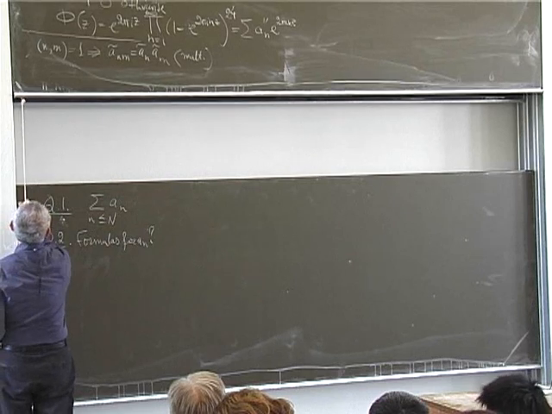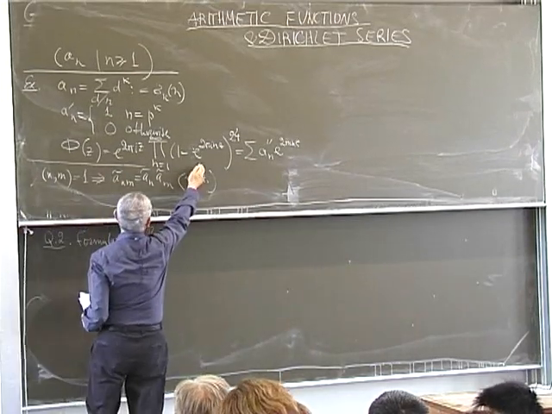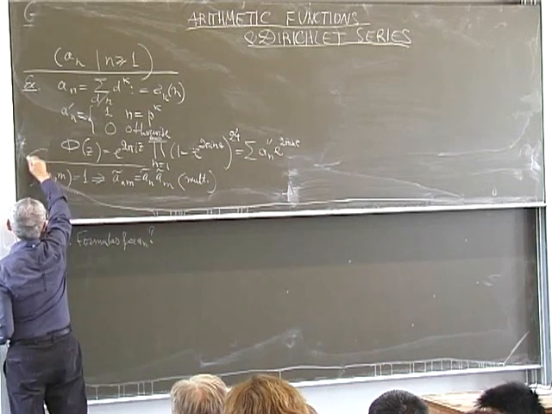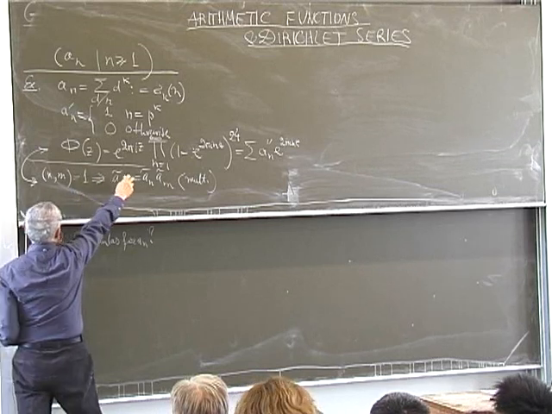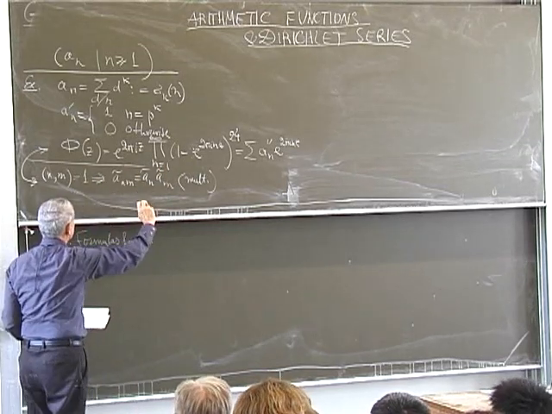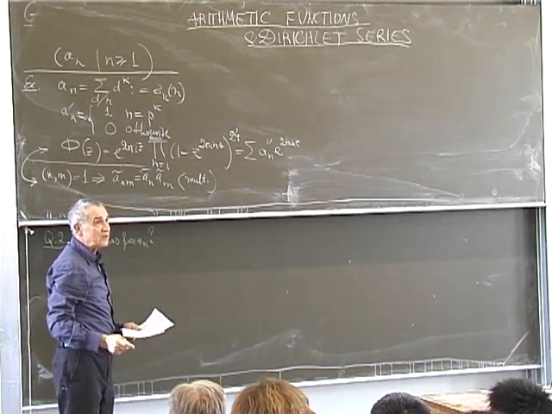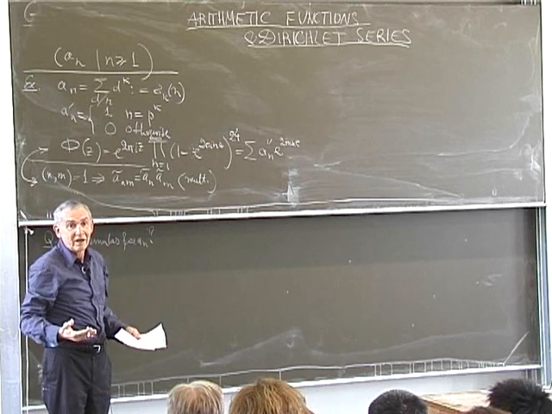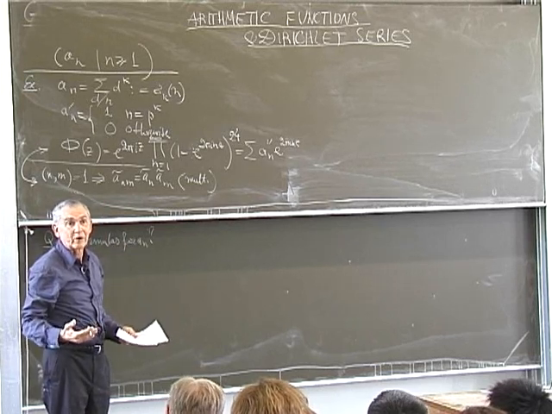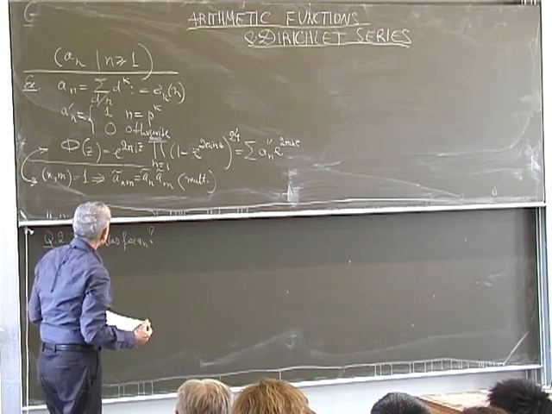For example, in this particular case, this is the definition, and it turns out that coefficients of this power series do satisfy the multiplicativity property, but one doesn't see it at all from the definition. So there must be something else which shows you this particular property. What is this? How can one guess things like that?